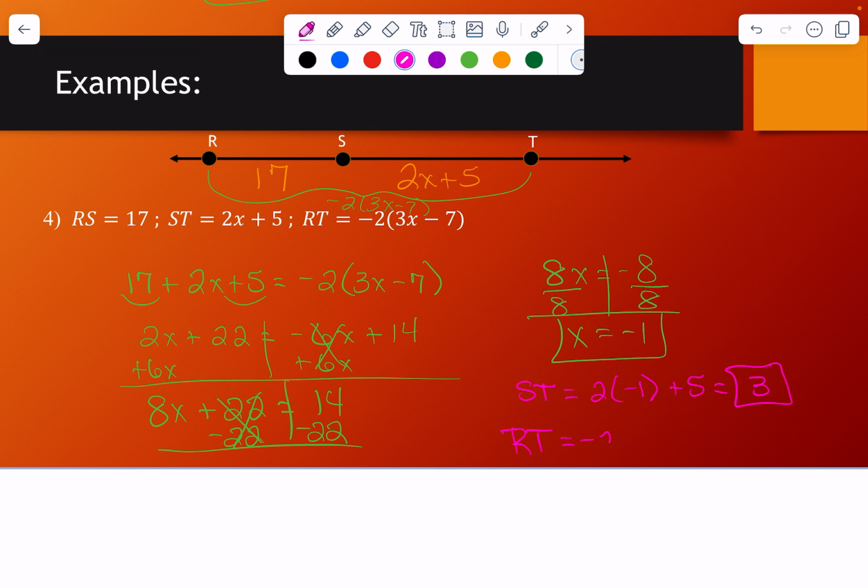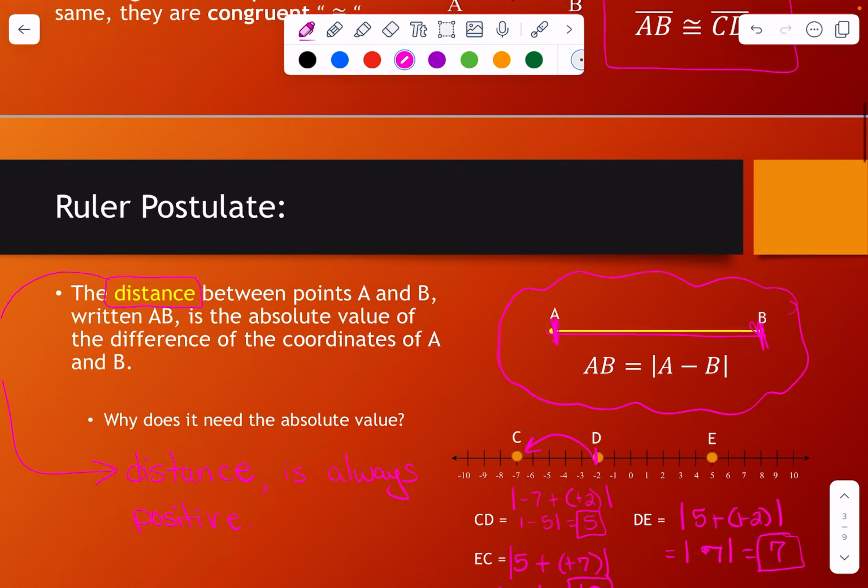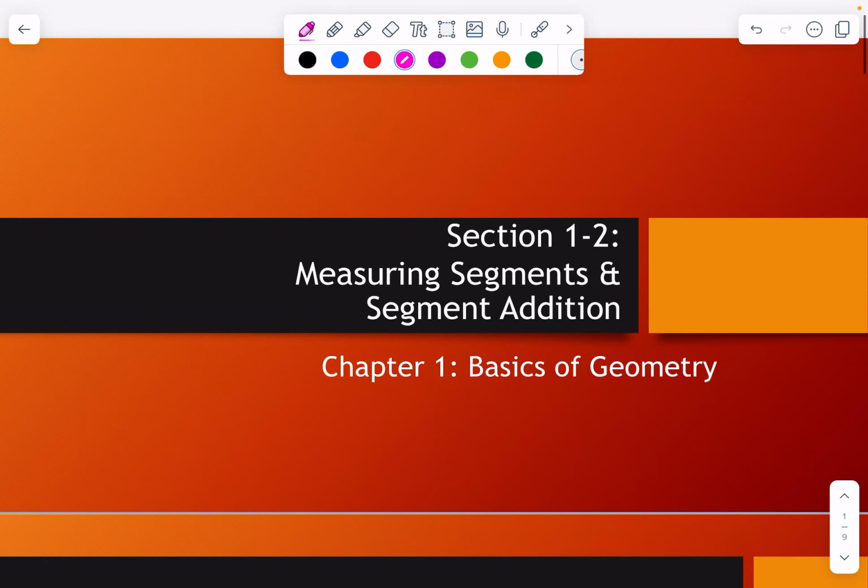Or I could plug in, so I go negative 2, 3 times negative 1 minus 7. So this becomes negative 2 times negative 10, which indeed comes out to be 20 units. So I know that I did that process right. And that is what we needed to know about measuring segments and also the segment addition postulate.